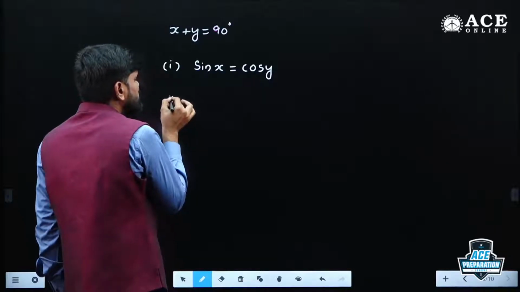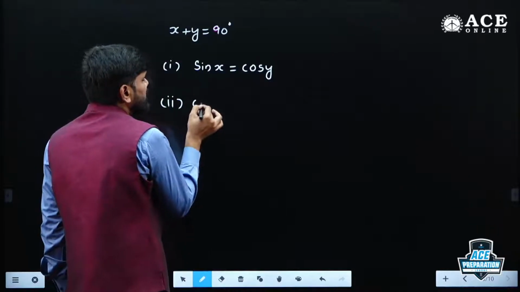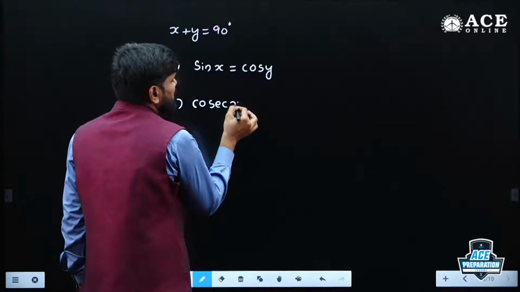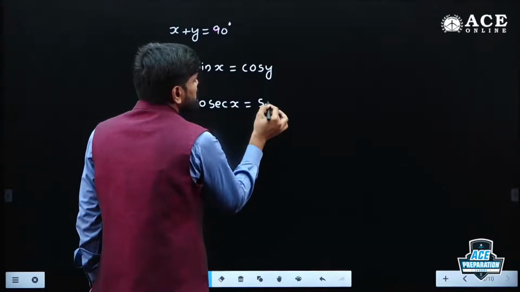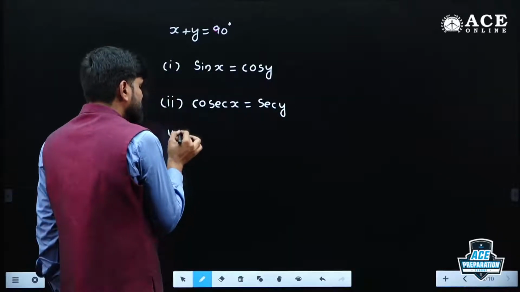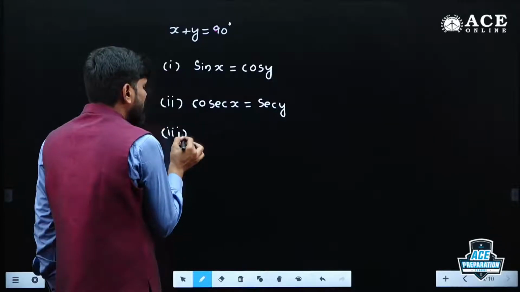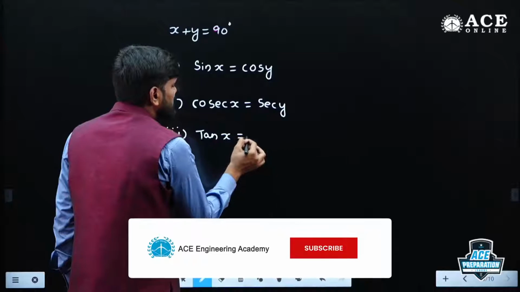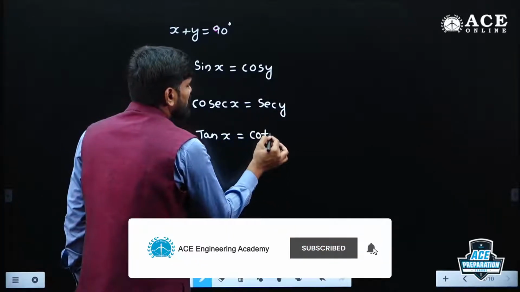Similarly, cosecant x equal to secant y. Third one, tan x is equal to cot y.